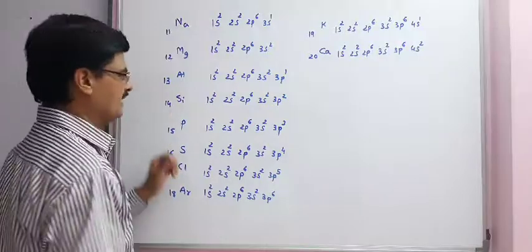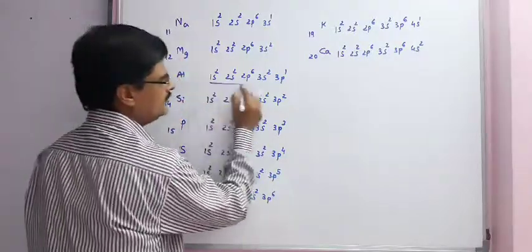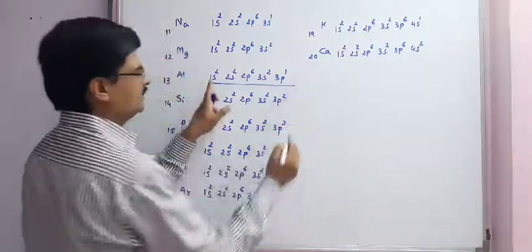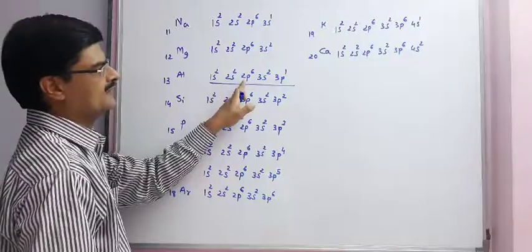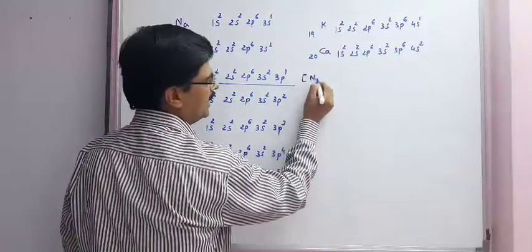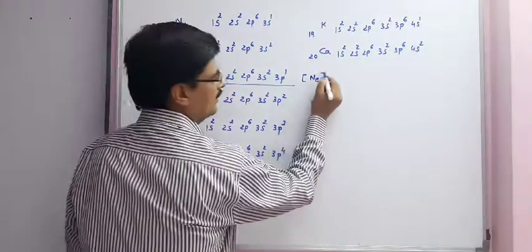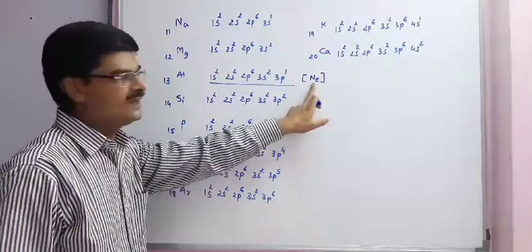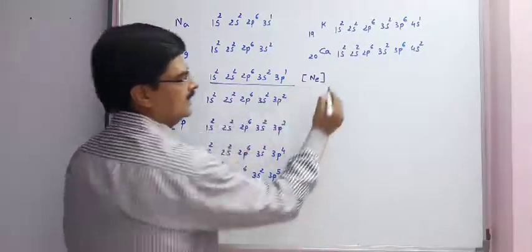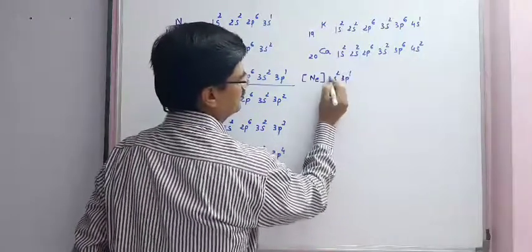of inert gases. Suppose we want to write the configuration of aluminium in another way, then how can we write this? See, first of all, 2 plus 2 plus 6, that is 10 electrons, is of neon. So we can write electronic configuration of aluminium with help of inert gas configuration of neon: 2 plus 2 plus 6, that is of neon, and then 3s2, 3p1.